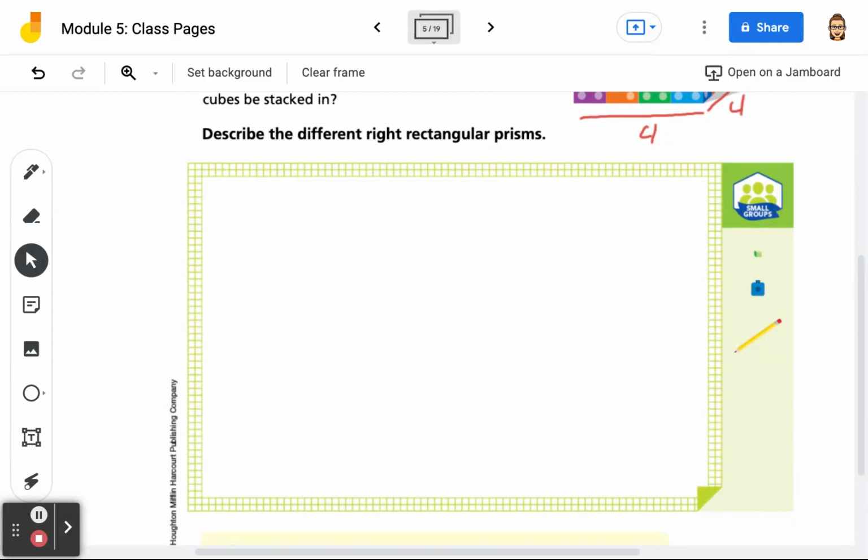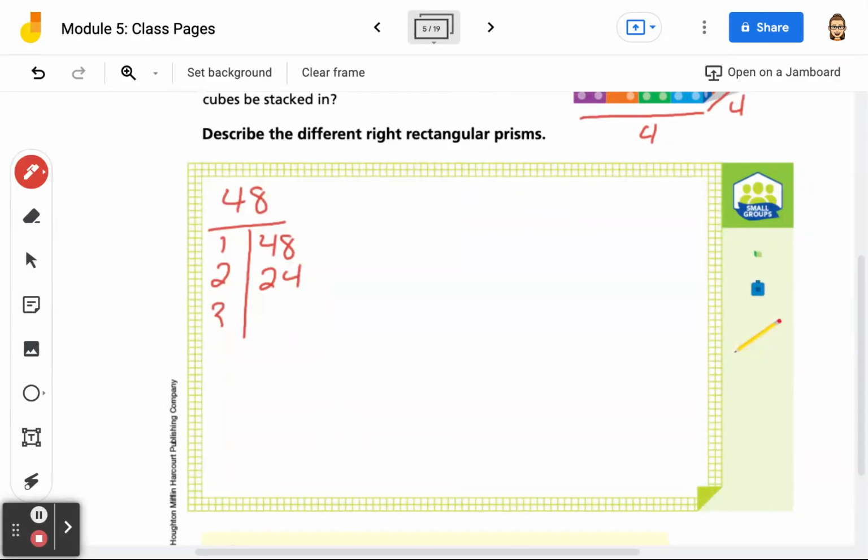So one way to look at that is to list out our factors to figure out what all the different patterns are, all the different rectangular prisms. So if I do 48, I'm going to start with 1 and 48, 2 and 24.